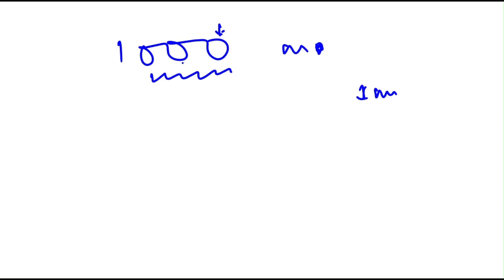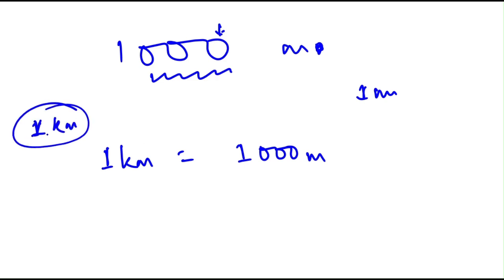But if we have measured something as 1 kilometer, let's say, and then we have reported the value in another unit, 1000 meter, so we have taken the scale which can measure 1 kilometer precisely.